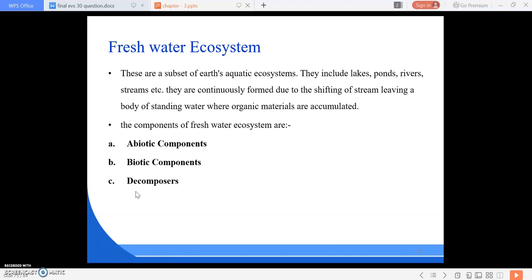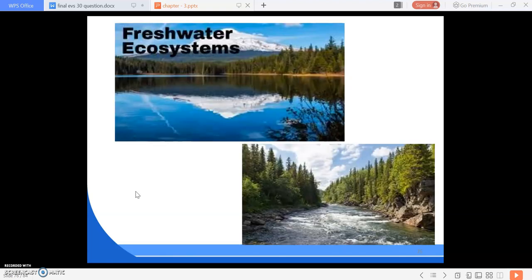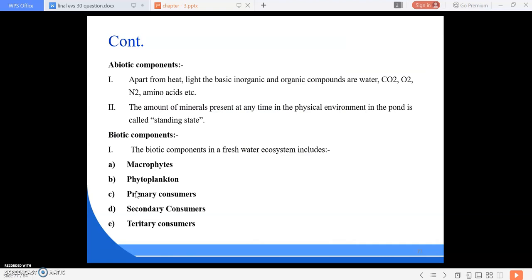They include lakes, ponds, rivers, streams, etc. They are continuously formed due to the shifting of a stream, leaving a body of standing water where organic materials are accumulated. The components of the freshwater ecosystem are abiotic components, biotic components, and the decomposers. So this is our freshwater ecosystem.